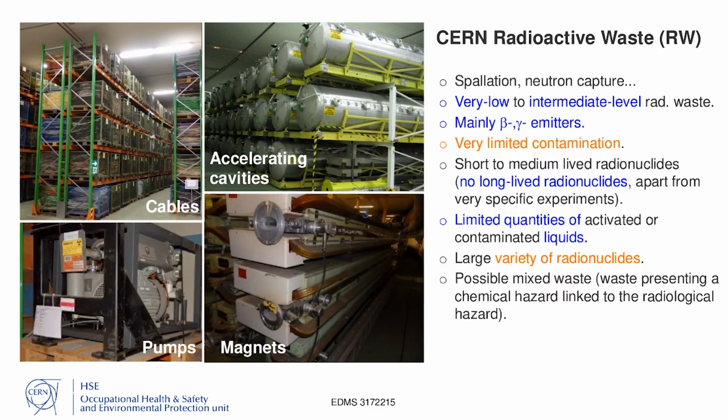We have thousands of kilometers of cables that have to be periodically exchanged because their electrical insulation becomes fragile. Again, I will not go into the technical details. We have very limited contamination, low activity, but yet it needs to be managed.